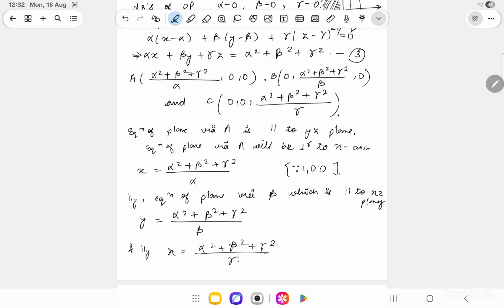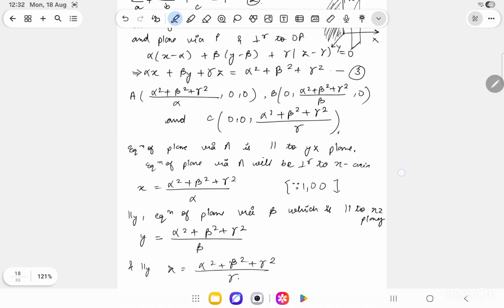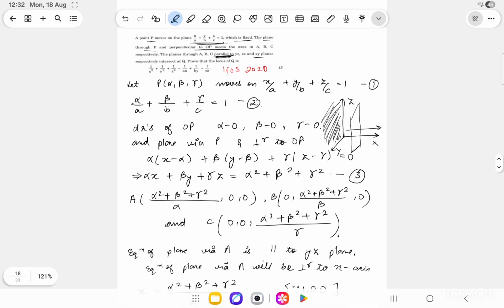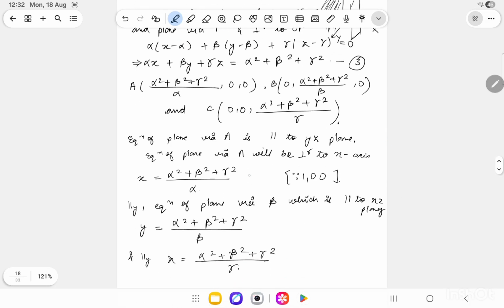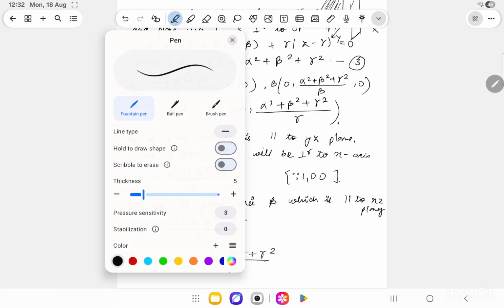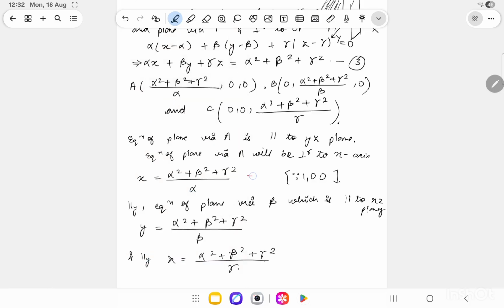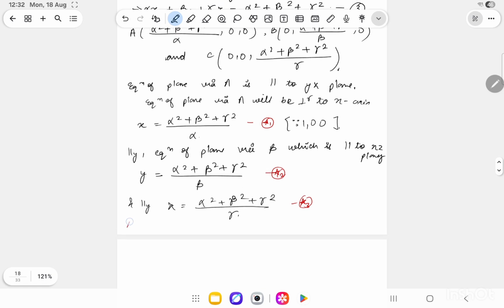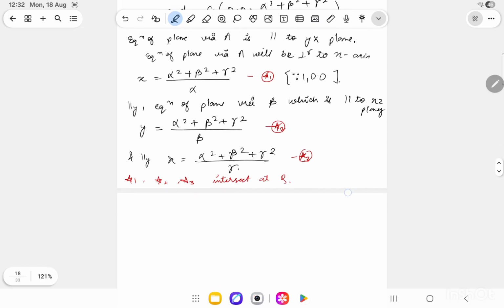This is the equation of the plane passing via C and parallel to the XY plane. Further, let us name these three planes star 1, star 2, star 3. They say that star 1, star 2, star 3 intersect at Q.